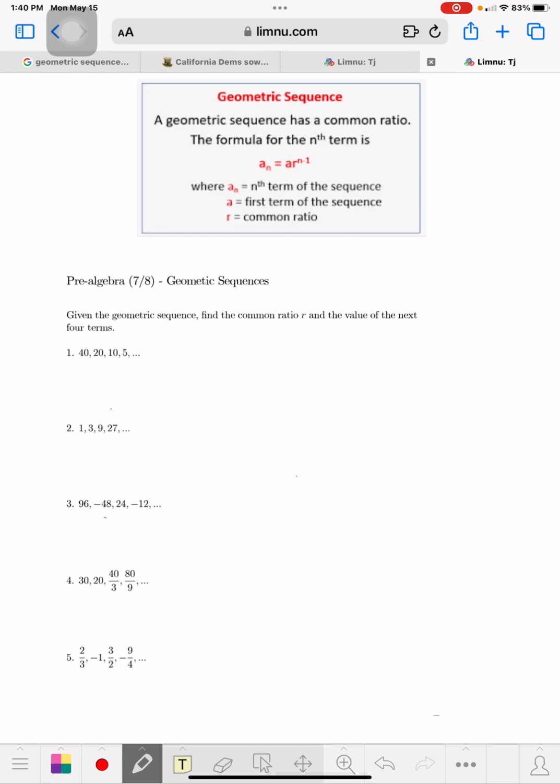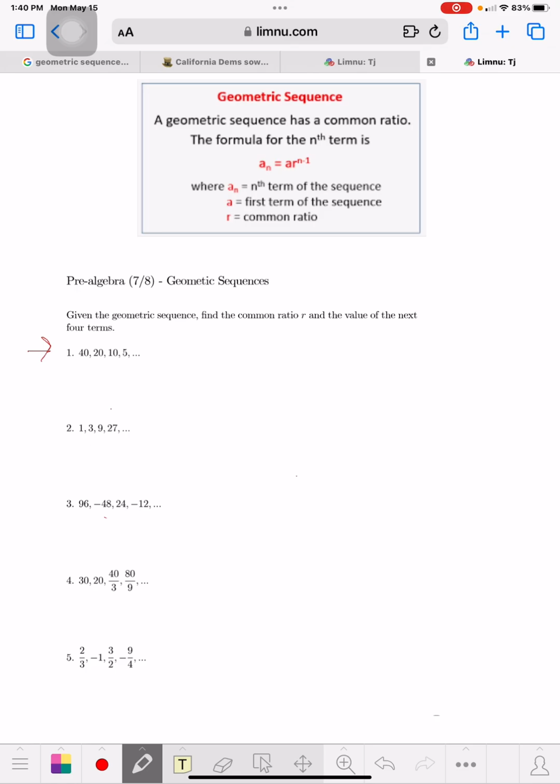A lot of times they're not going to tell you which one it is, so you're going to actually have to look at it and determine it yourself. Number one, how did they go from 40 to 20 and then to 10? They're not subtracting the same number, because 40 to 20 is 20, and then 20 to 10 is only 10.